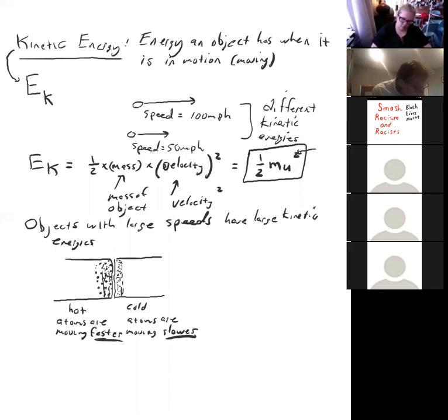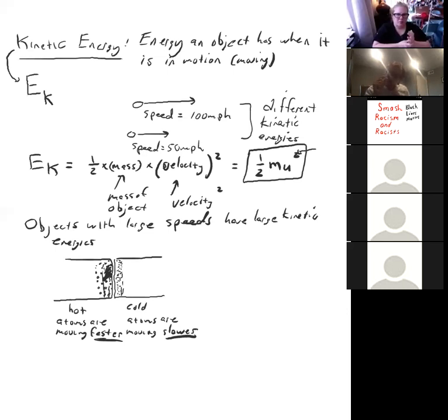So these atoms over here are moving very rapidly. Now, how can metal atoms move? Metal is a solid. They vibrate. So if you take a piece of metal and you look at the molecular level, the atoms are vibrating. If they vibrate very rapidly, that means they're moving very rapidly and they have a lot of kinetic energy. If something is colder, that means they're vibrating more slowly.